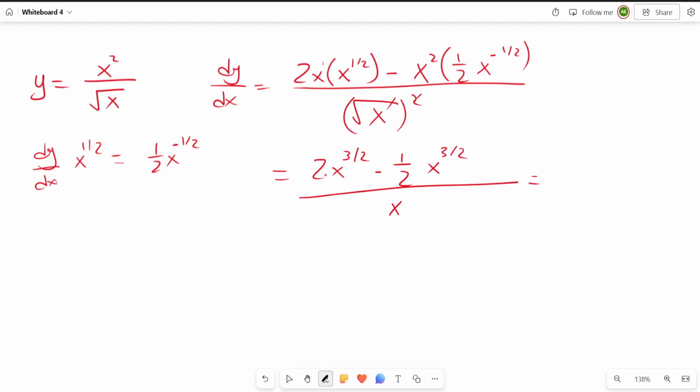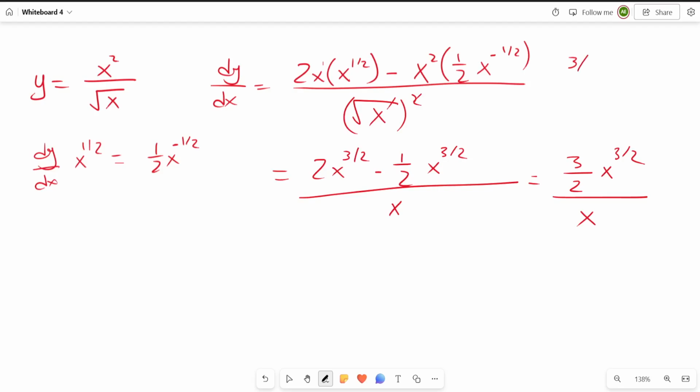And then I can simplify here. I have a 2 minus half, which is basically 3 over 2, x power 3 over 2, because these are common terms, because the x have the same power, so I can subtract the half from the 2 over x. So this is basically x power 3 over 2 dividing x, which is the opposite of when you multiply. When you multiply, you add the powers.